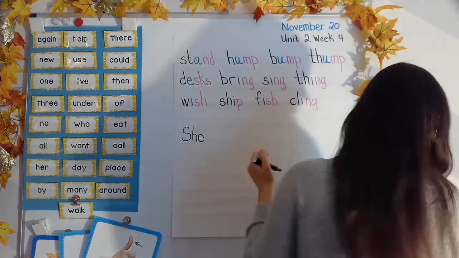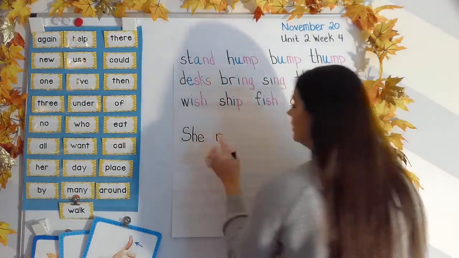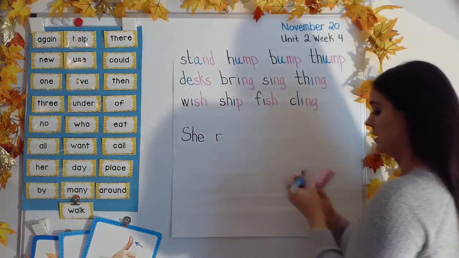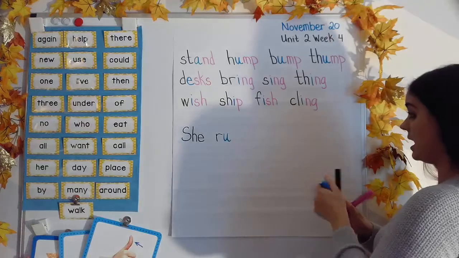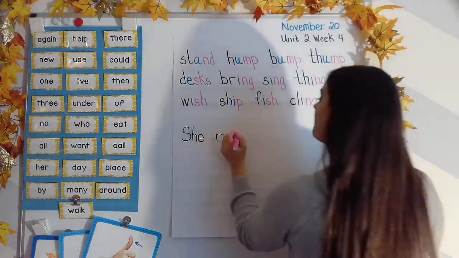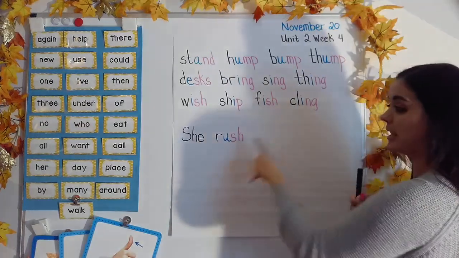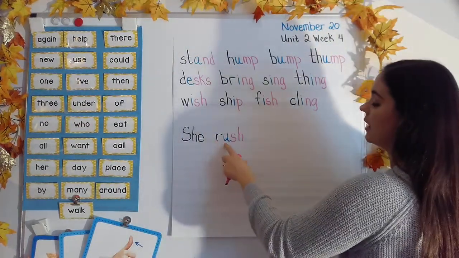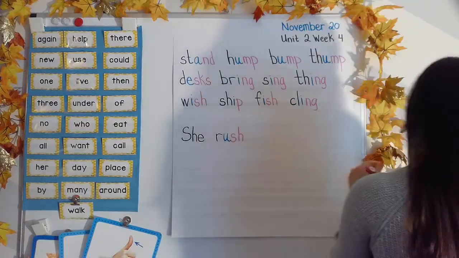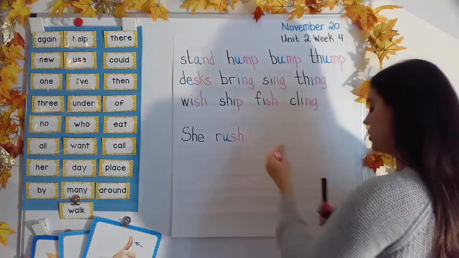High frequency word, she. R says U says S and H say what? Shh. Thank you. I saw some fingers going to lips. Sh. Rush. She rush. Oh, that doesn't sound right. She rushed.